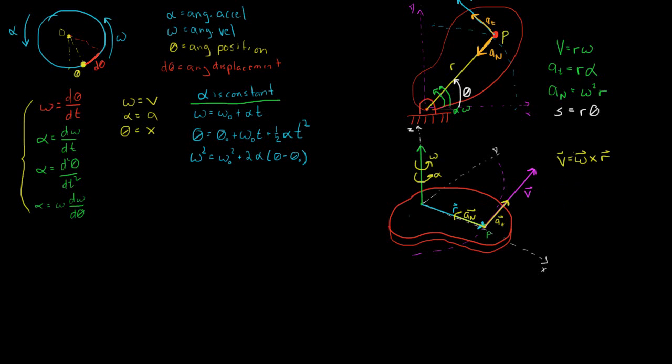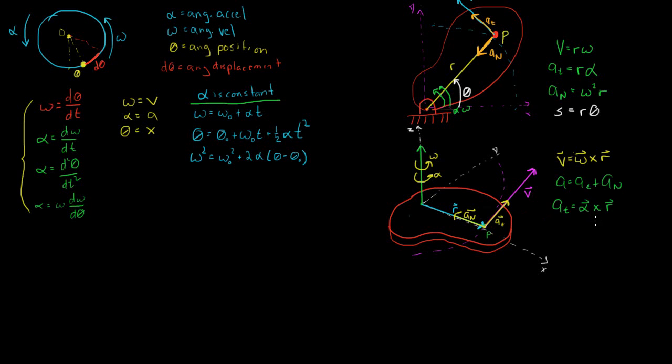So now let's look at what our acceleration is. Our total acceleration is going to be our tangential acceleration plus our normal acceleration, and our tangential acceleration is this right here. So using the same logic, it's going to be equal to the cross product of the angular acceleration with the position vector.